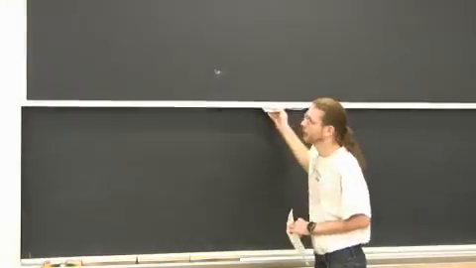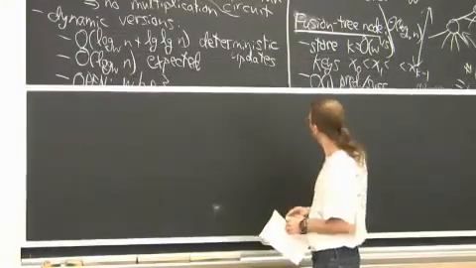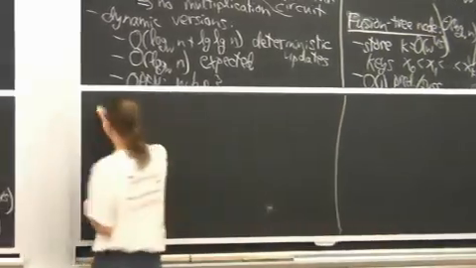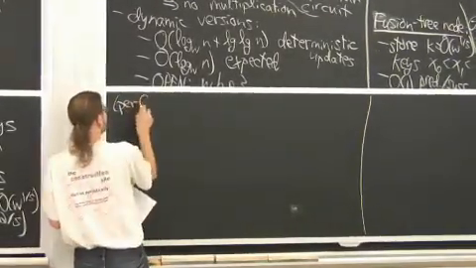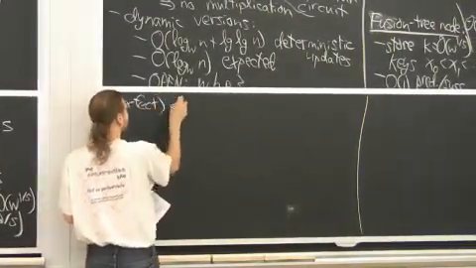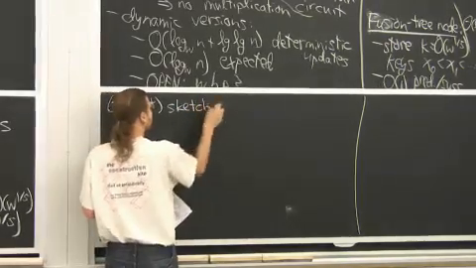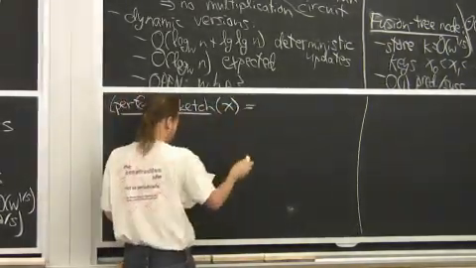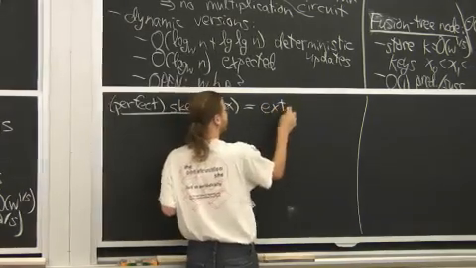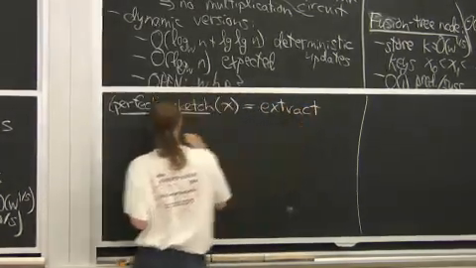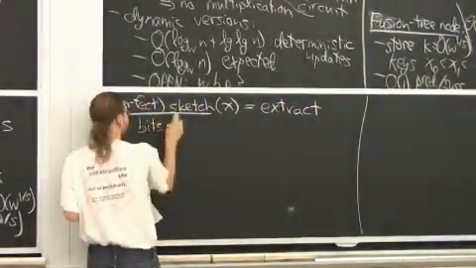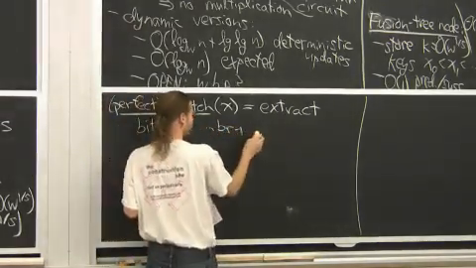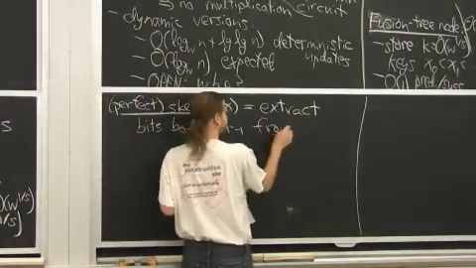Let me tell you what properties this has. Let me also define the notion of a perfect sketch of a word x: it's what you get when you extract bits B0 to B(r-1) from x.